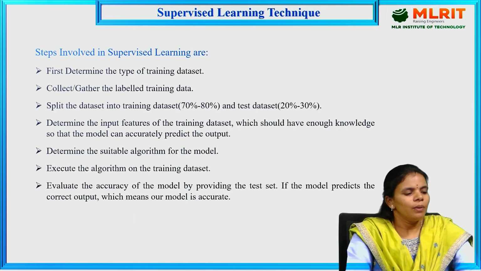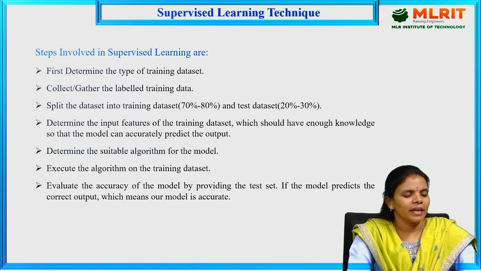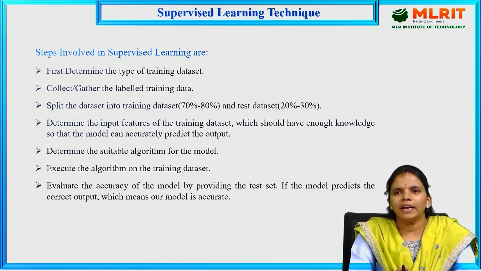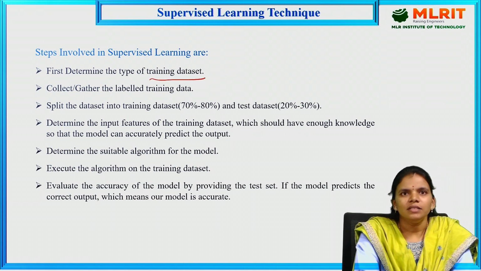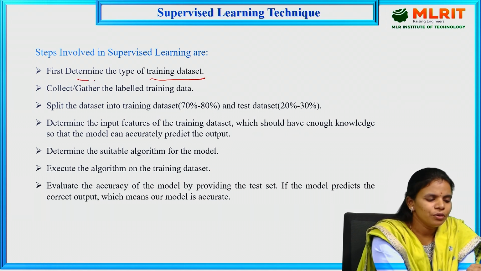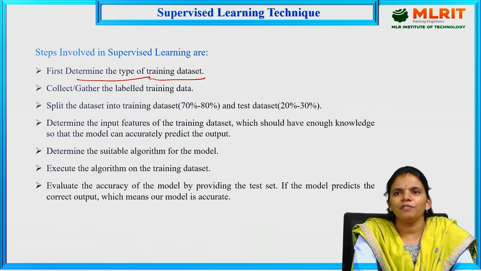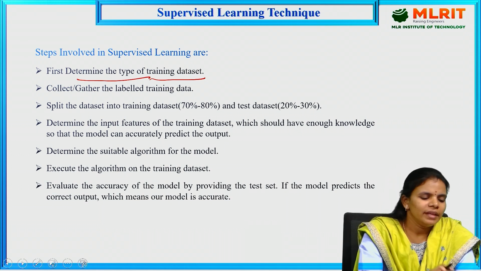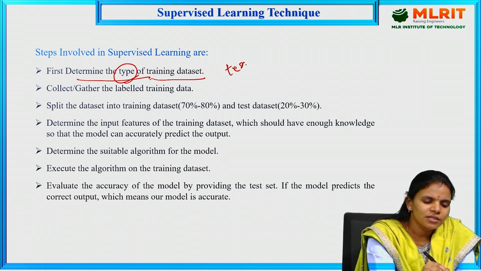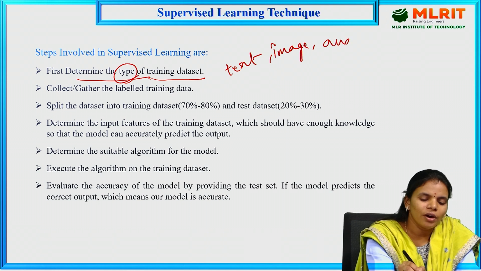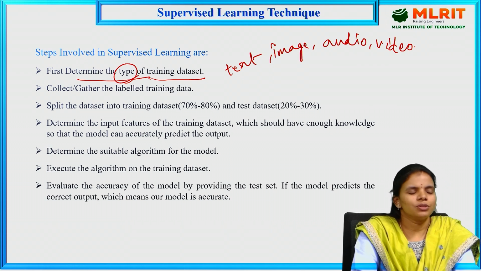Next, what are the steps involved in supervised learning technique? First we need to collect the data from various resources and make it into a data set. First you have to determine which type of training data set it is, either text files, images, audio, or video.